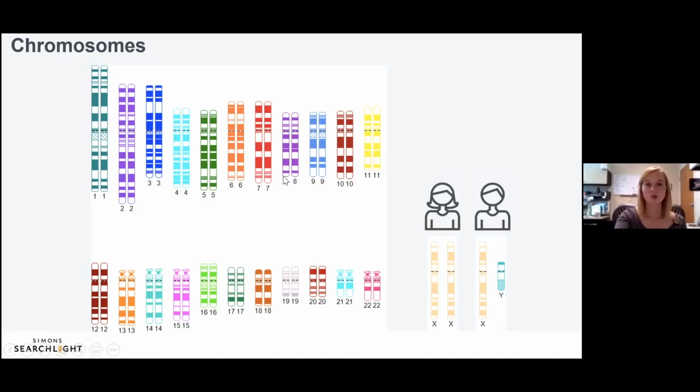The last two chromosomes that we have are our sex chromosomes. So for females at birth, we would have two X chromosomes, whereas males would have an X and a Y chromosome. When we're thinking about Grin2B specifically, that gene is packaged into one of our chromosome 12s.